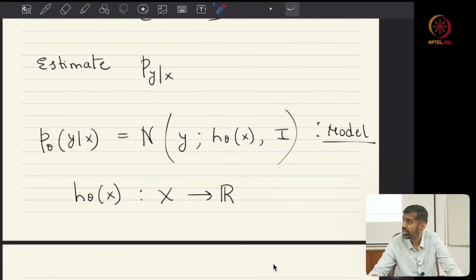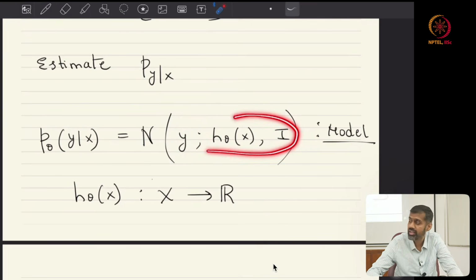Which one? y given h theta of x. Why is there h theta of x here? This one, is it? This is not a given. See, this is a semicolon. This is saying this is parameterized by this. So this is a distribution on the random variable y, and it is parameterized by h theta and I. That's what I'm saying.